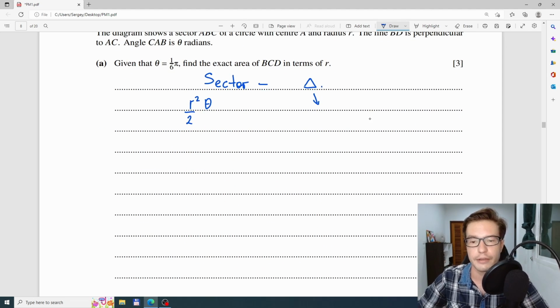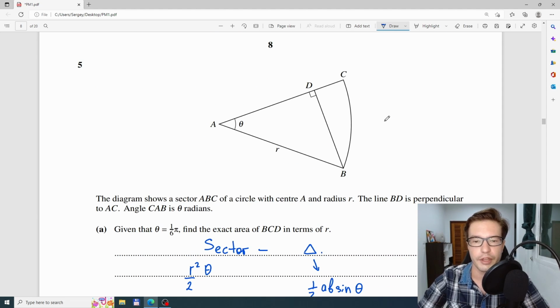half AB sine the angle in between. Now, AD is adjacent to the angle theta, so that means I will multiply by cosine theta.